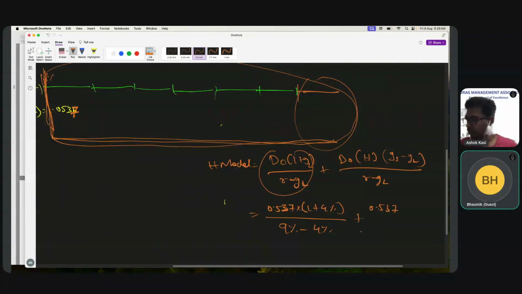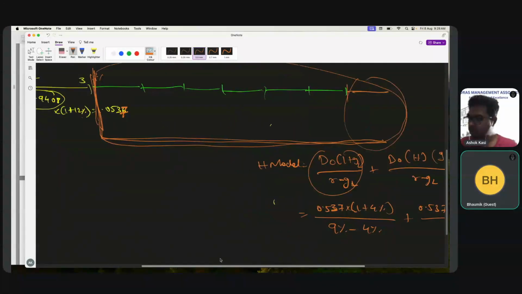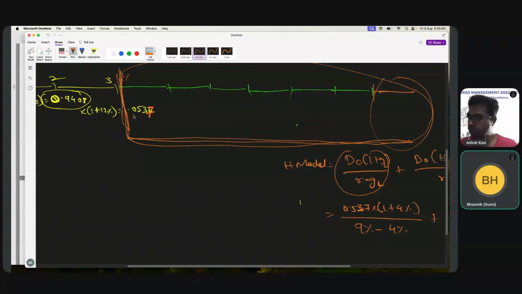0.0537 into 1 plus... Sir, it's 1.0537, not 0.0537. There also it's 1, but you've made that red line on that one.